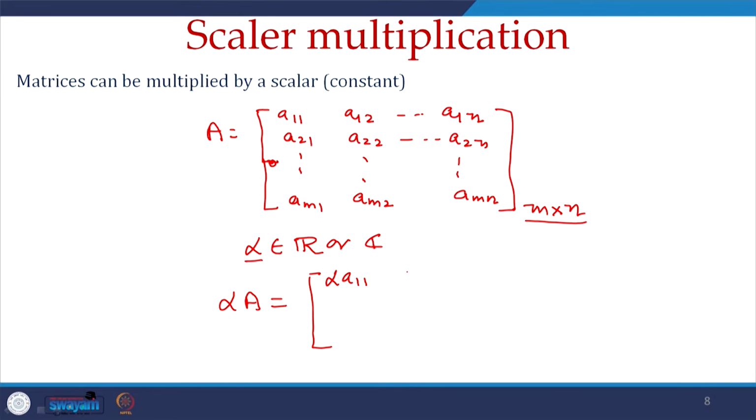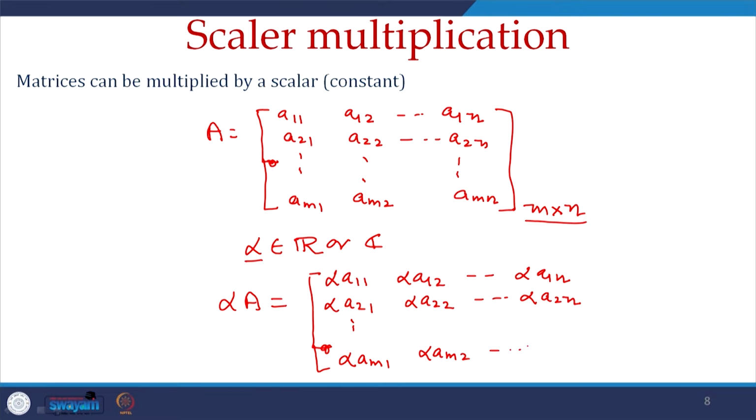So alpha A11, alpha A12, alpha A1n, alpha A21, alpha A22, alpha A2n, and finally alpha Am1, alpha Am2 and alpha Amn. In that way I can define scalar multiplication with a matrix.